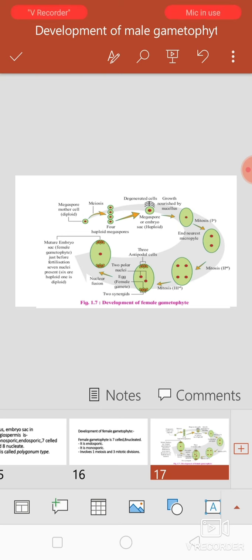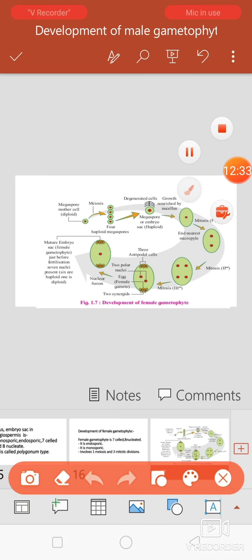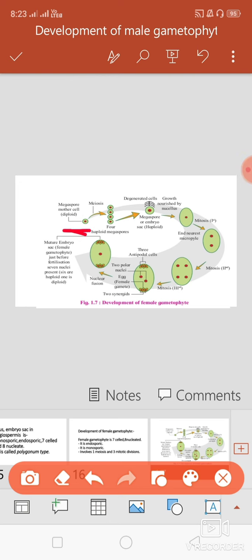One of the cells of the nucellus towards the micropylar end becomes functional and acts as the megaspore mother cell. Then this megaspore mother cell, diploid in nature, undergoes the first meiosis division to form 4 haploid megaspores. These megaspores are arranged linearly, and such an arrangement is called a linear tetrad, right?